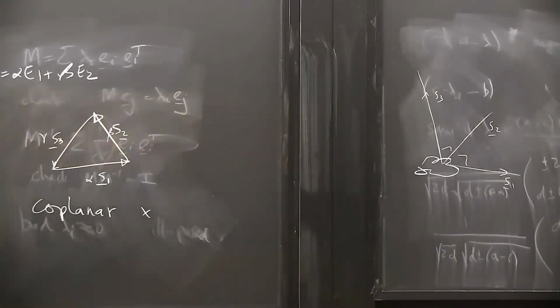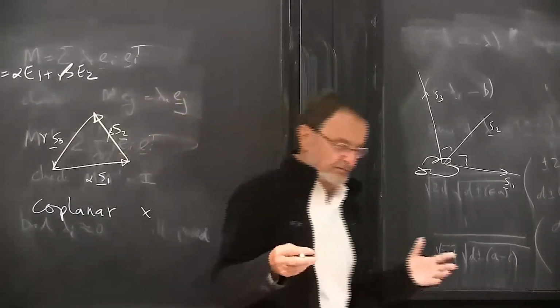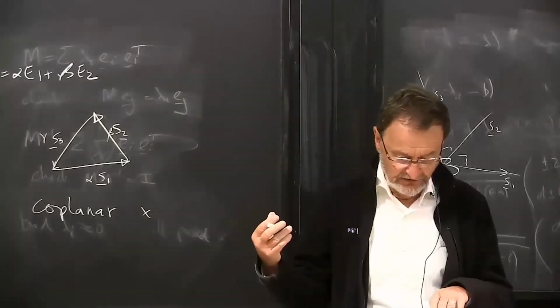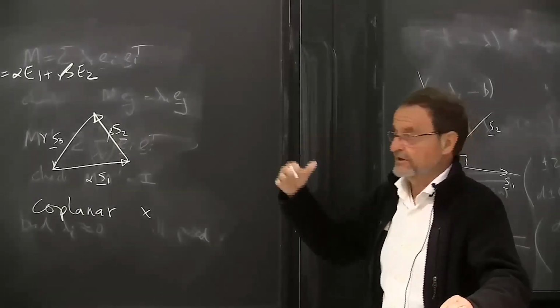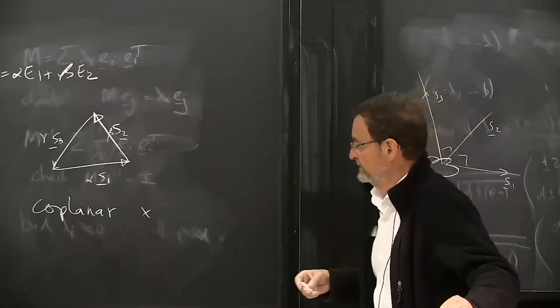It won't fall apart. And then there are questions of, well, which is best? Obviously, if I make them almost coplanar, I'm going to get unstable results. Some eigenvalue will be small, and if I take the inverse of the eigenvalue it will be large, and so the noise amplification will be large.